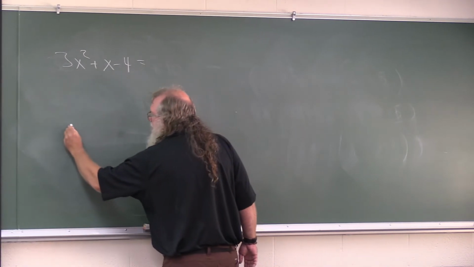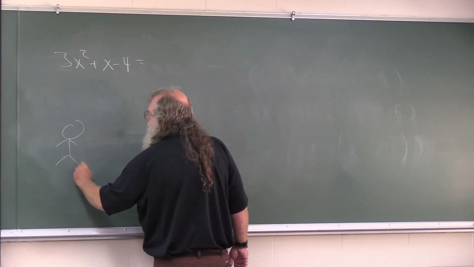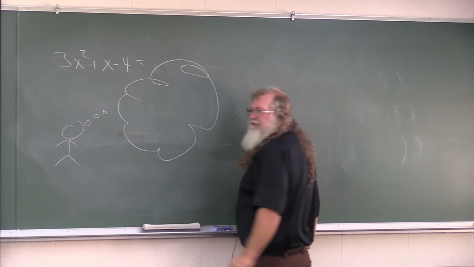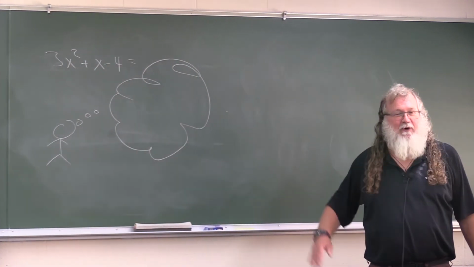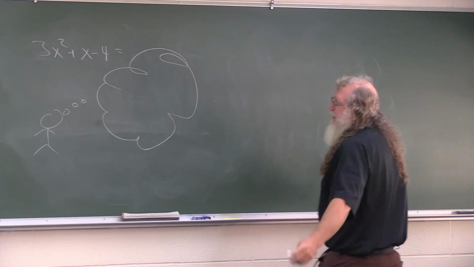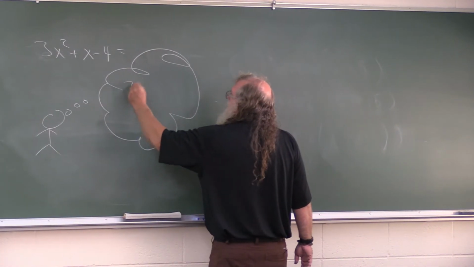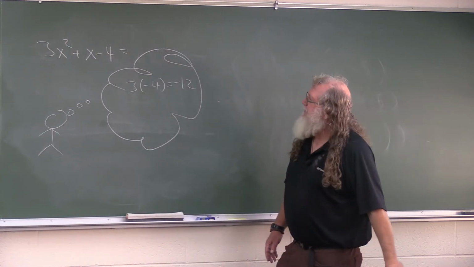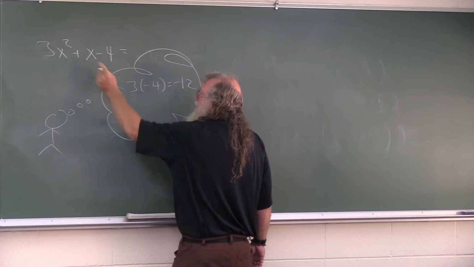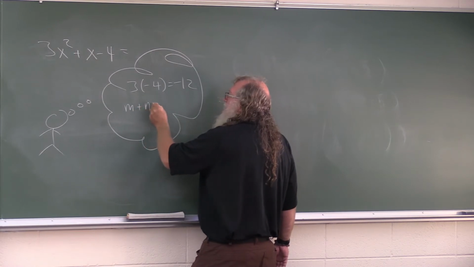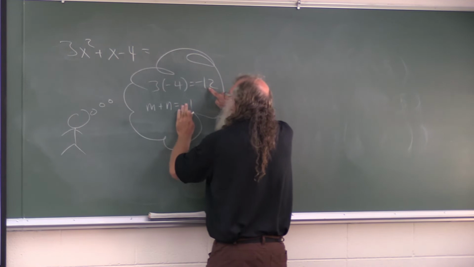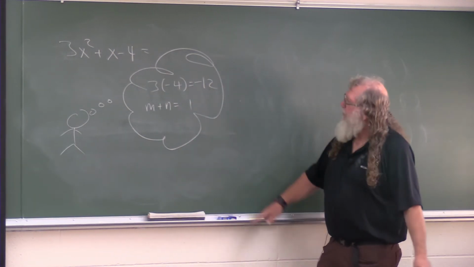So we'll go back. Here you are. Your brain's even gotten bigger today just by watching this video. And so what do you do? A times the c. So I'd say, oh, 3 times negative 4 is what? Negative 12. And then I have to find two numbers that multiply to negative 12 and add up to a positive 1.